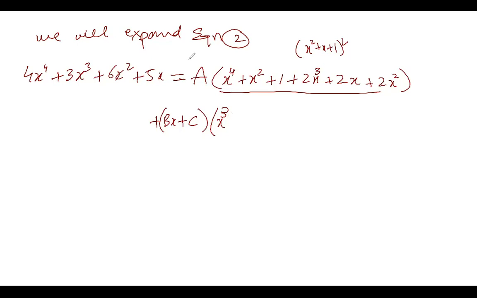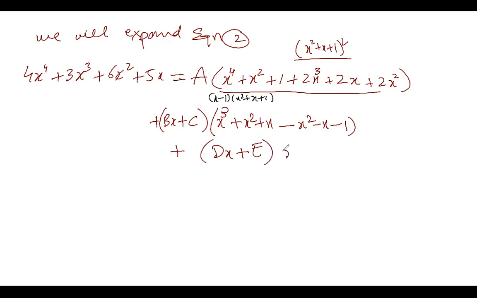We have x minus 1 into x square plus x plus 1. Okay, when this x will be multiplied, we get x cube plus x square plus x minus x square minus x minus 1. Okay, similarly this was its expansion and we have used the formula to get this. Okay, and the next is dx plus e with x minus 1.